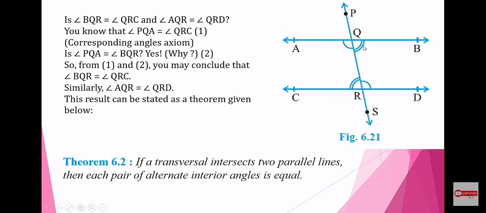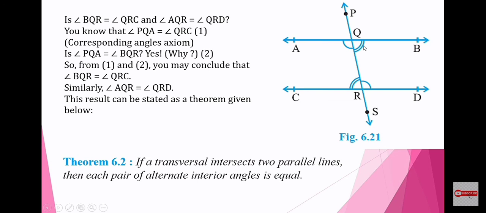Similarly, is angle PQA equal to angle BQR? Yes. Why is it so? Because they are vertically opposite angles. Angle PQA and angle BQR are vertically opposite angles, hence they will be equal.